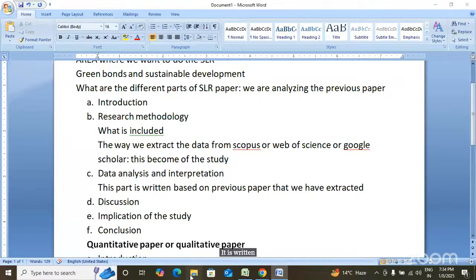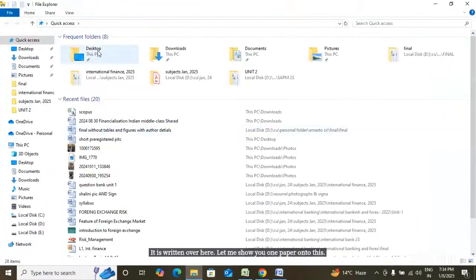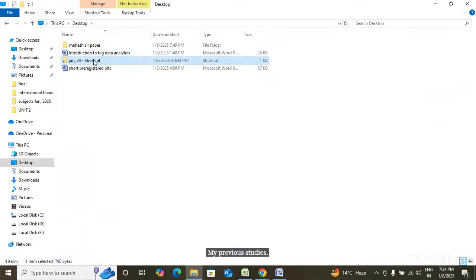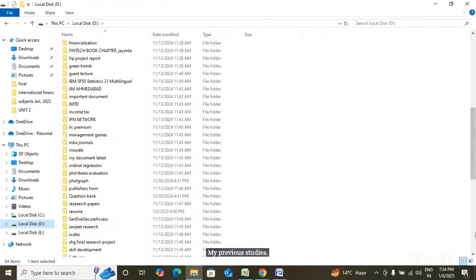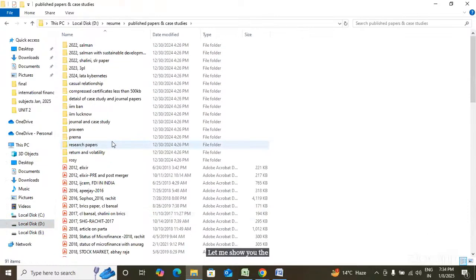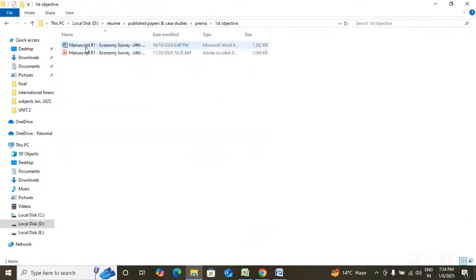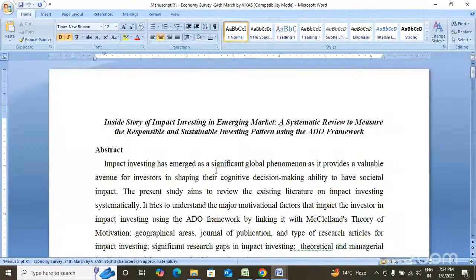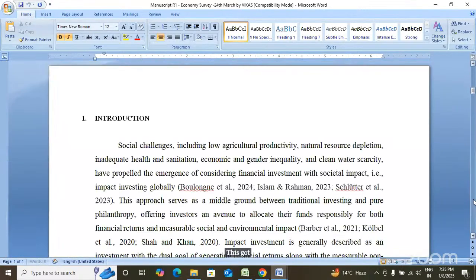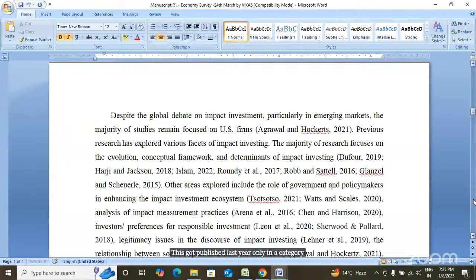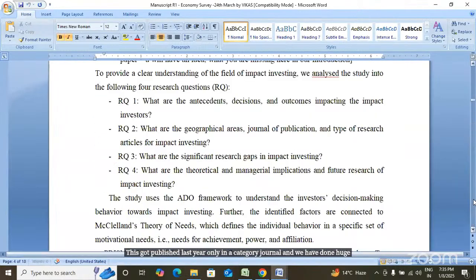Let me show you one paper on this, my previous studies. This is one of my manuscripts that has been published. This got published last year only in an A category journal, and we have done a huge amount of revisions on this.